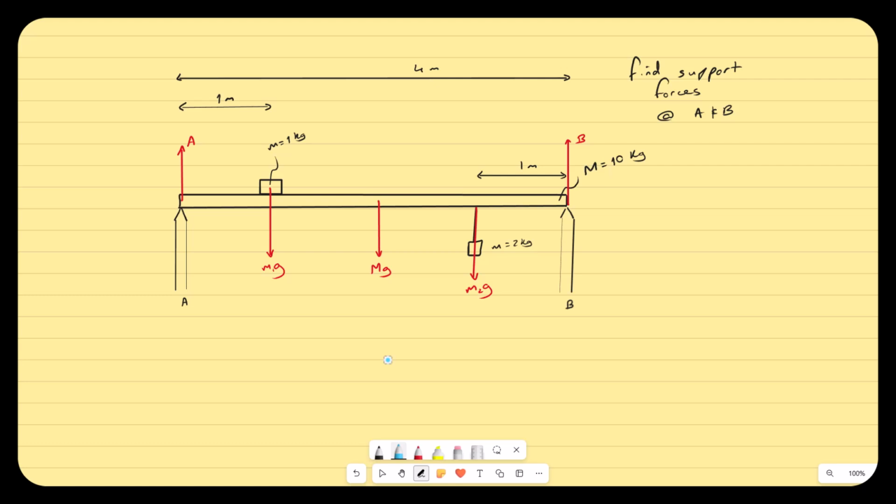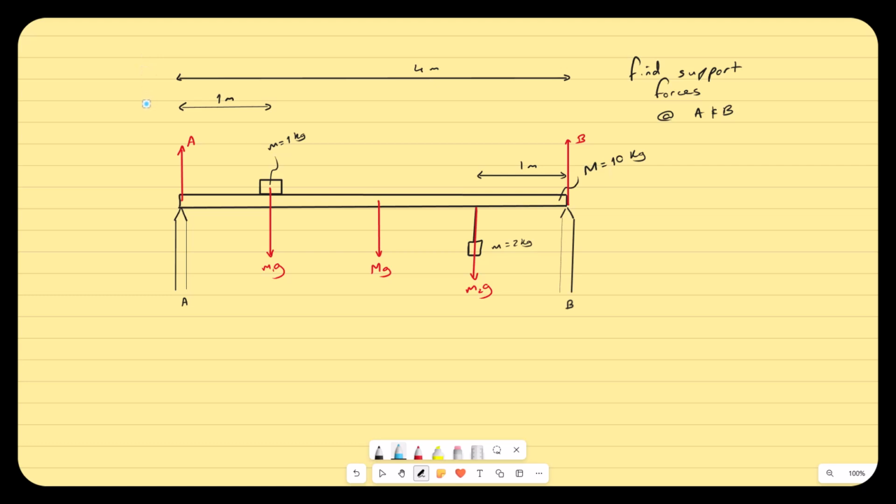In order to do this problem, I need to pick an axis point. Now I can pick any number of axis points. I can actually pick any point I want to be my axis. Because if this thing is going to be in rotational equilibrium, it's got to be in rotational equilibrium about every axis. So I can pick anywhere that I want. That doesn't mean that everywhere is an equally good choice.